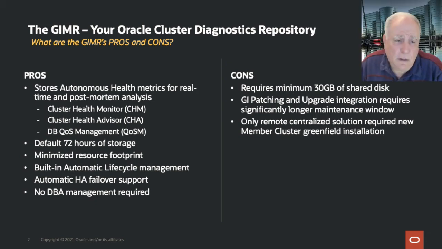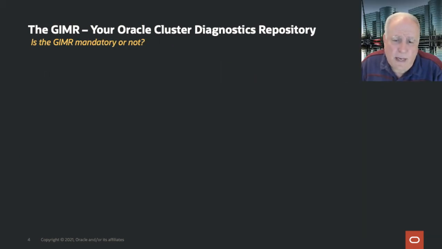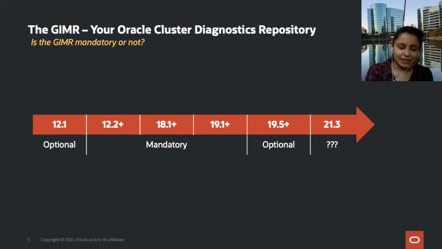Thank you. So we've had this Grid Infrastructure Management Repository for quite a while, and it seems to have gone back and forth. Is it actually mandatory or not? Okay, so let me give the history here. Till 12.1, it was non-mandatory. From 12.2 to 19.1, it was mandatory.